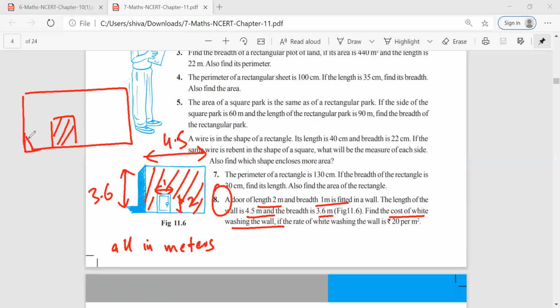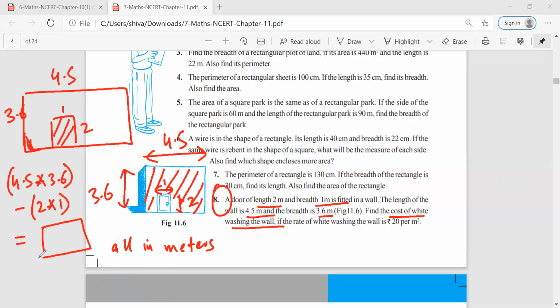Mr. Sarthak, any doubt? No, sir. So 4.5 into 3.6 minus 2 into 1. So I'll get some answer here. And whatever answer I get would be in meter square.